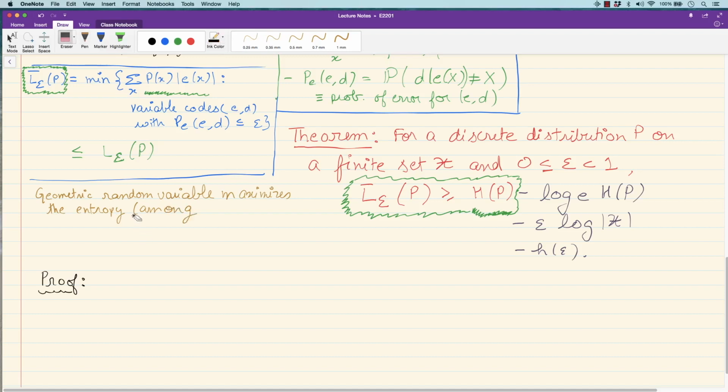This geometric random variable maximizes entropy among all random variables with a given expected value.